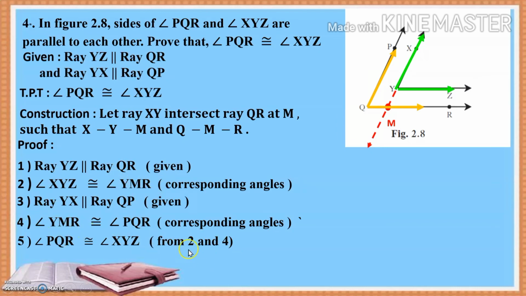So we need to write the reason. This is what we had to prove, so we conclude the proof by writing hence proved. I hope you have understood this, students. You may have to watch this proof 2-3 times to understand it. With this we end today's session. Thank you.